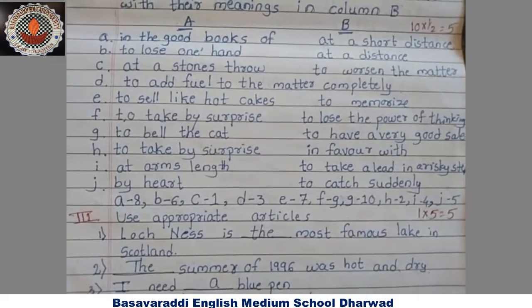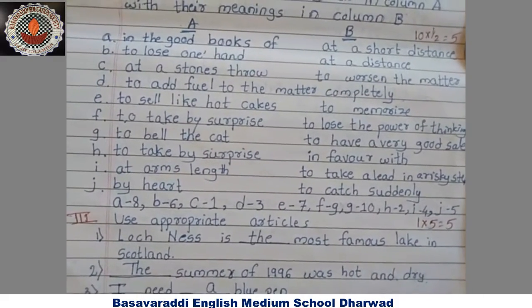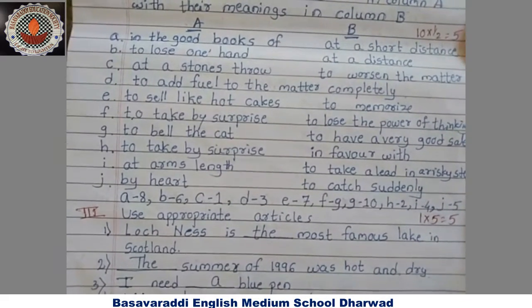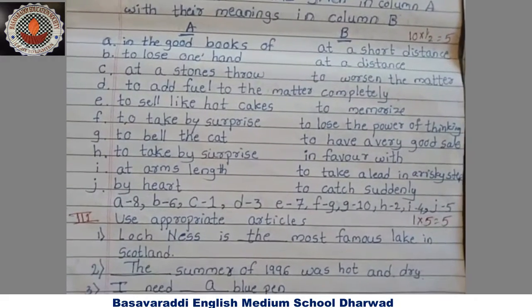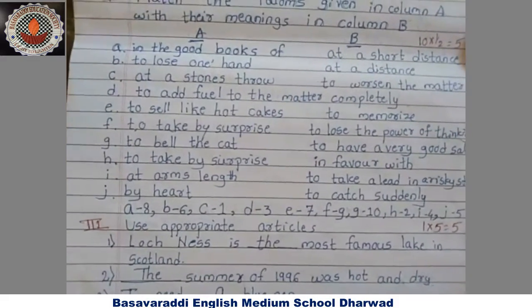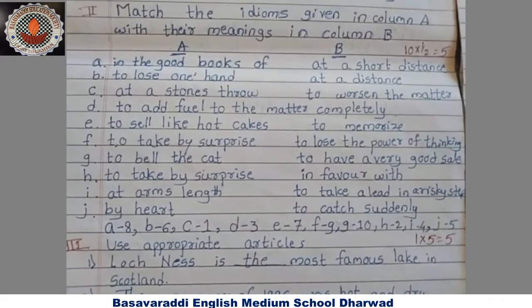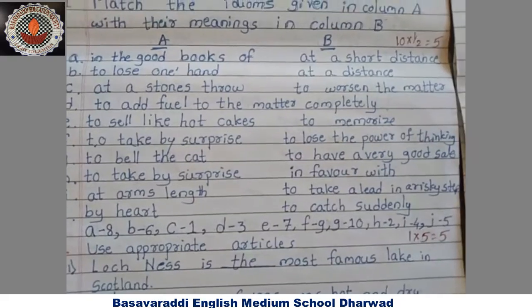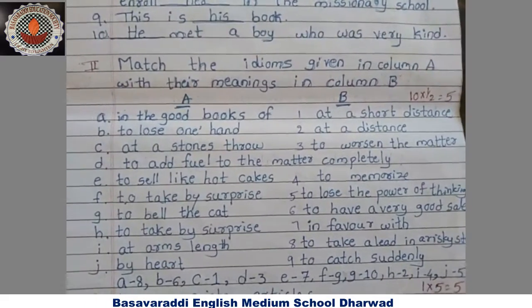These are all they have given in column A. And column B: at a short distance, to worsen the matter completely, to memorize, to lose the power of thinking, to have a very good sale, in favor with, to take a lead in a risky step, to catch suddenly. Now we will move to the answers.